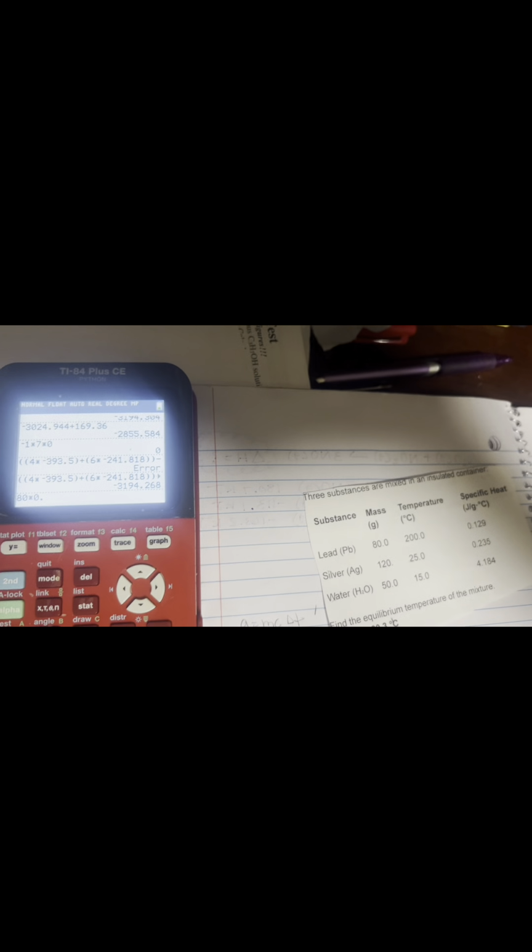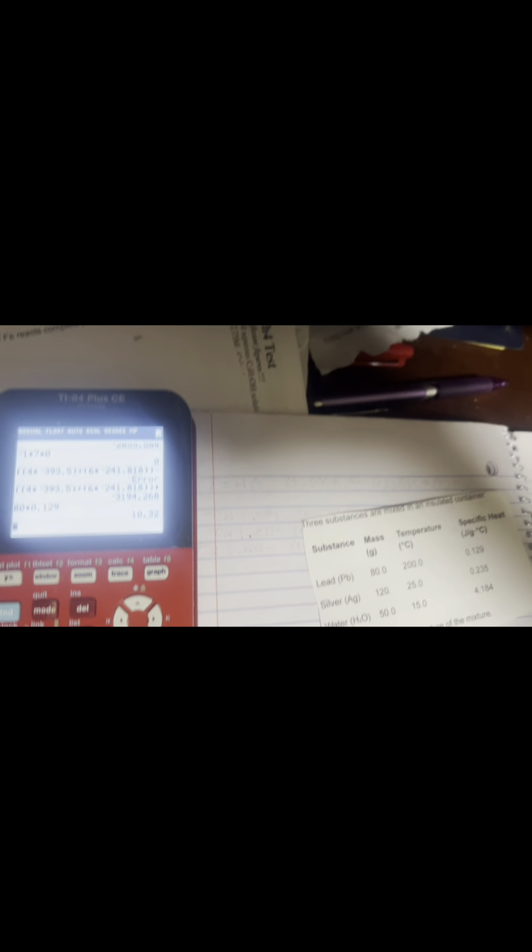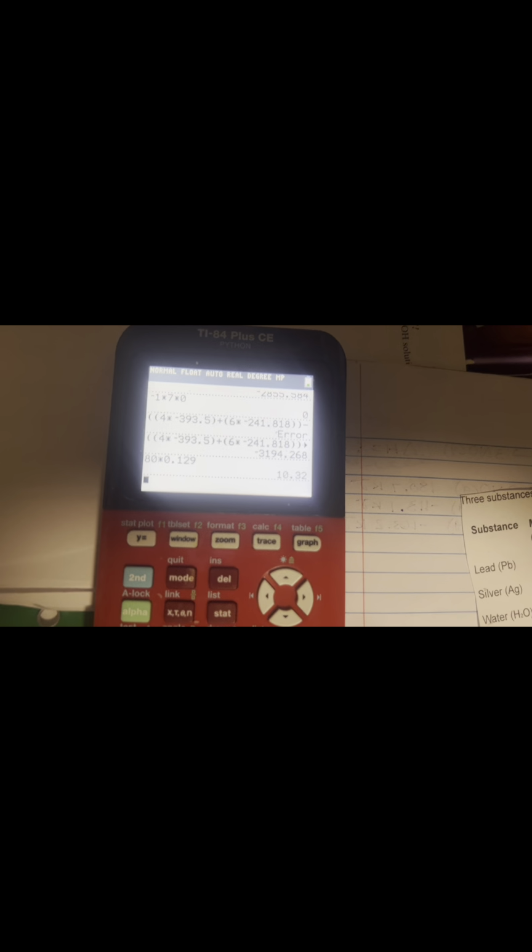So the next thing that we would need to do is to multiply all our terms out. So grabbing my calculator here, we would first have to do 80 times 0.129, which is 10.32. And then we see here that it's 80.0, so that's 3 sig figs. So we just round to 3 sig figs. So that would be around 10.3 TF.